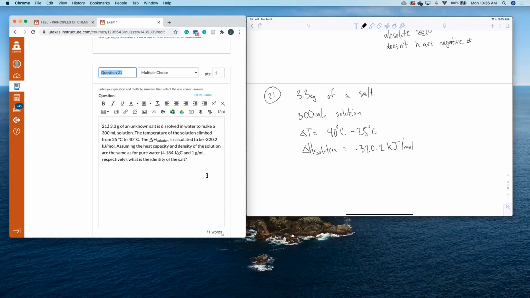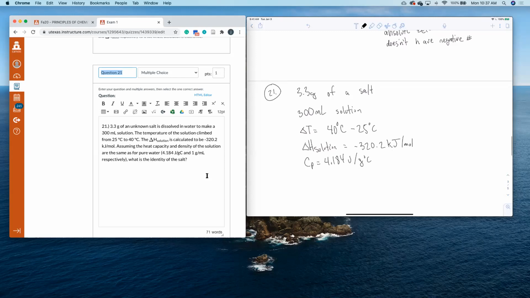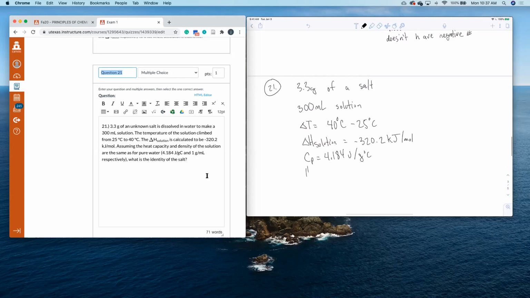The heat capacity and density of the solution are the same as pure water. Lots of information here. And then obviously, density maybe.